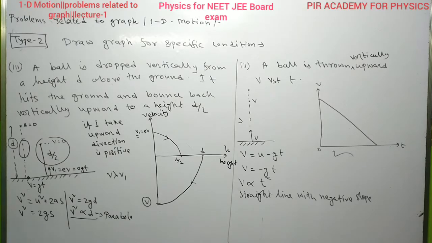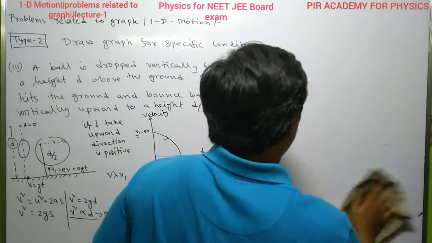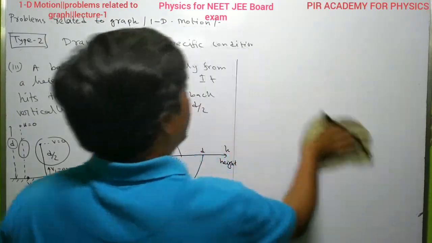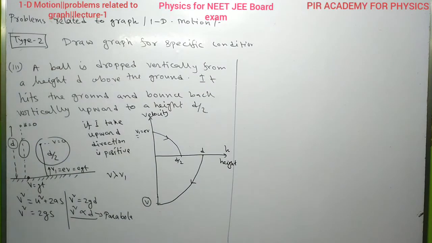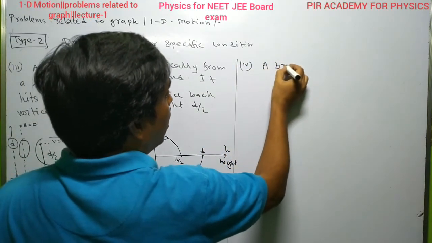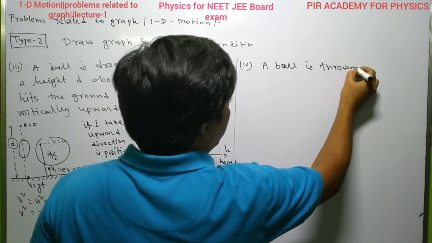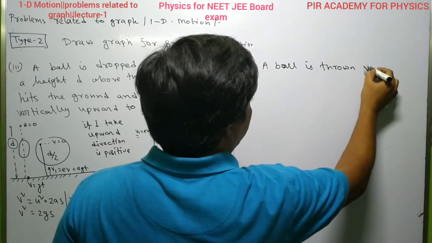Now, another problem is number 4. A ball is thrown vertically upward.